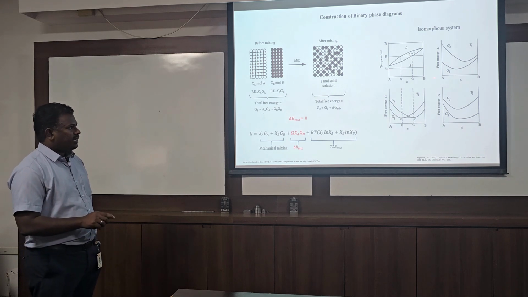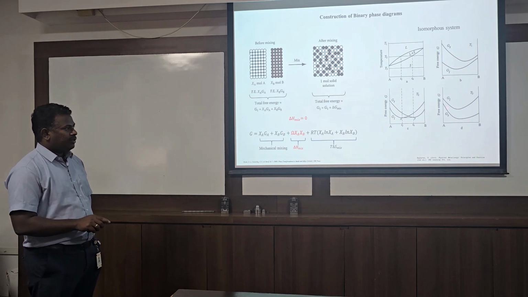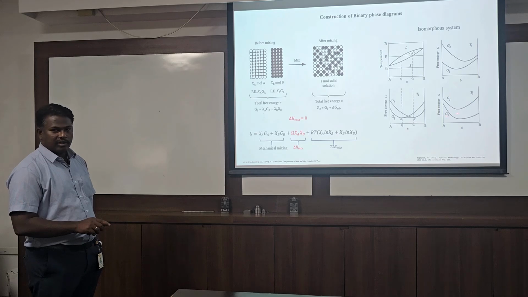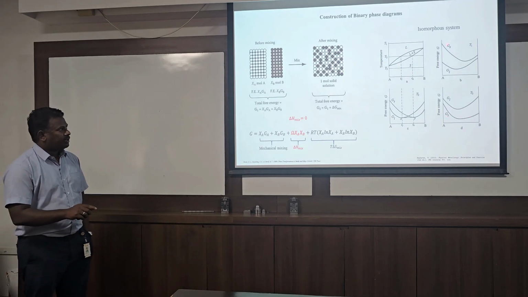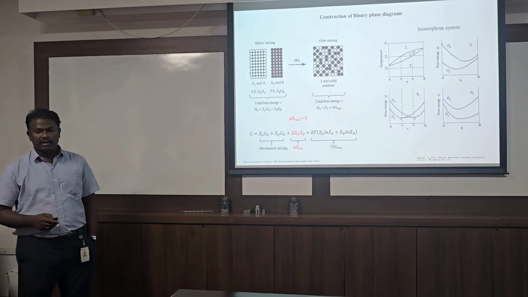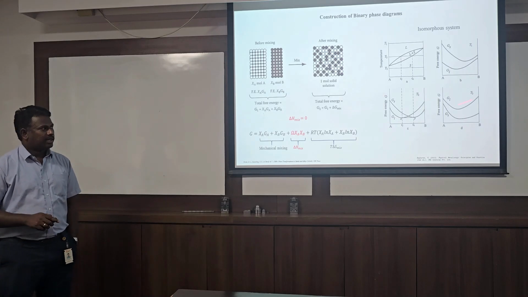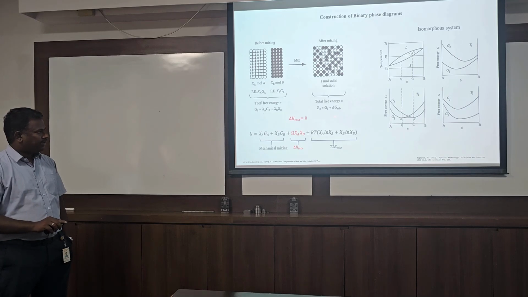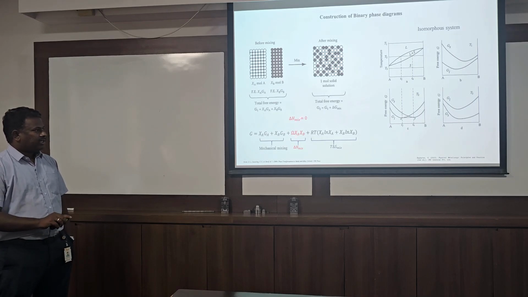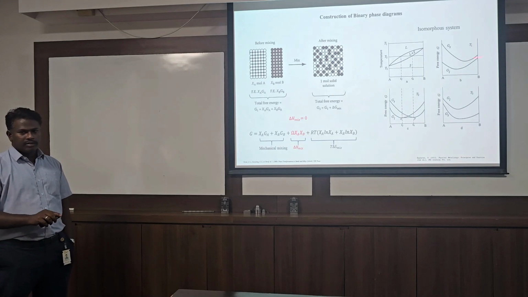When you come here, the completely solid state, we have only a single phase, the solid phase, which is more stable. But this is isomorphous, which is like ideal mixing. Ideal mixing means there is no free energy interaction of atoms, so the enthalpy of mixing is zero. When it is zero, this is what will happen.